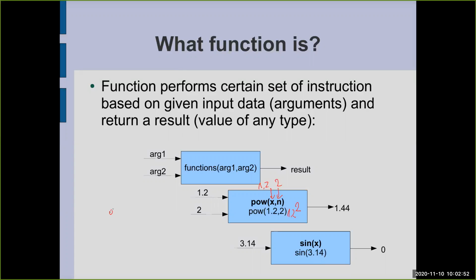So for example, the getchar function. In getchar, there are no arguments here because the input is taken from the console, but the result is a character which was pressed by the user. What else?